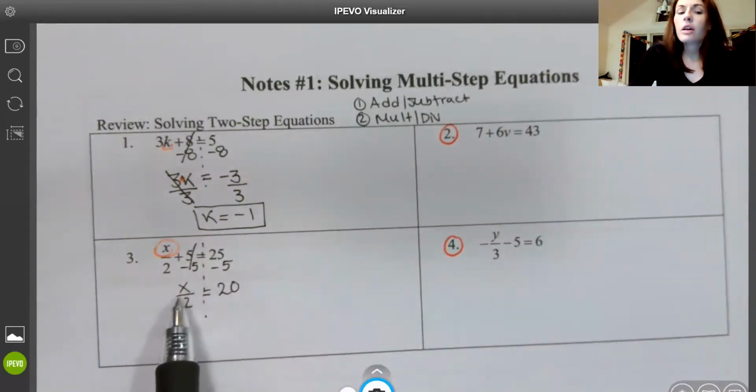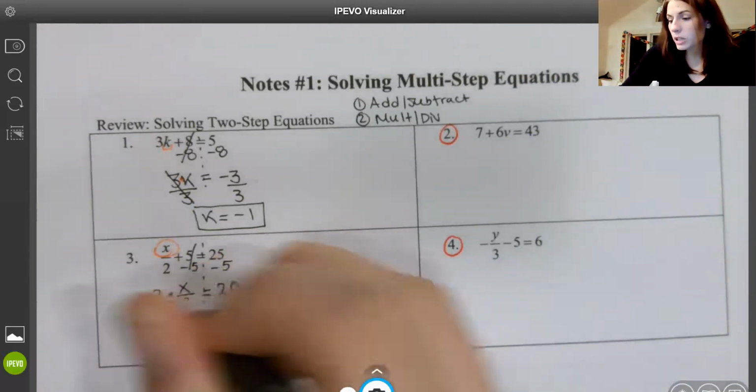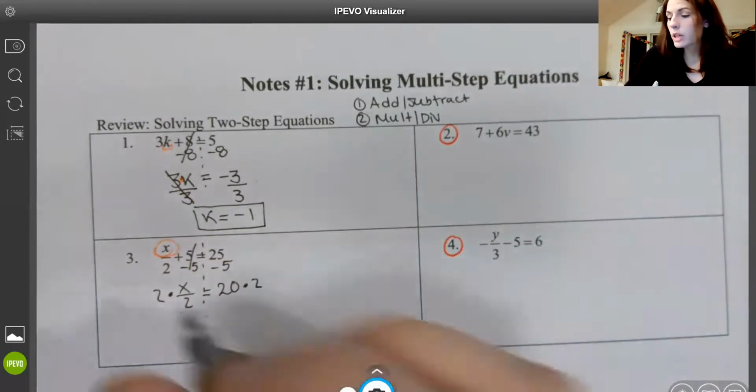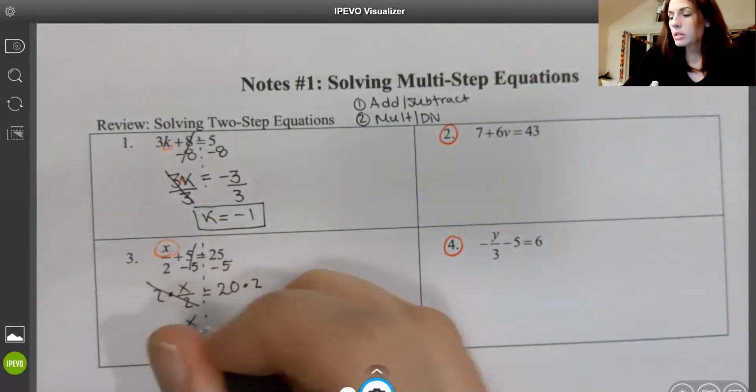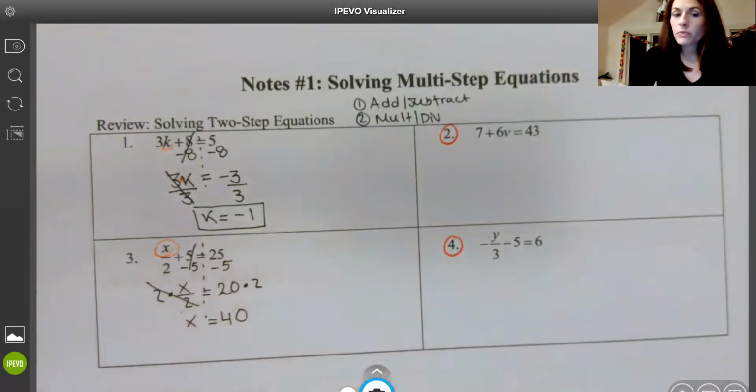Then our variable is being divided by 2, and the opposite of dividing by 2 would be to multiply by 2. Again, whatever I do to one side of the equation, I have to do to the other. So I multiply by 2 on both sides, and that gives me x equals 40.